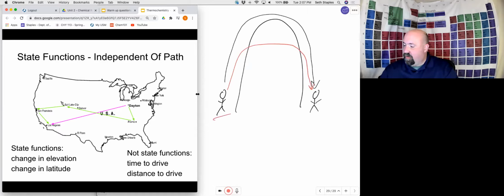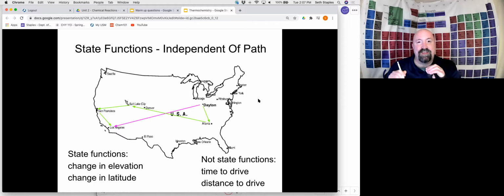The actual difference between the two is the same. What's not the same is maybe the energy that it took or the time that it took for me to do so. Those wouldn't be the same. But the actual difference, where I start and where I end, are identical. Same idea with a state function. It doesn't matter how you get there. The end property is the same.